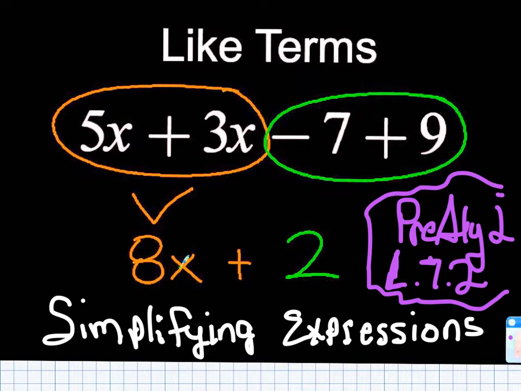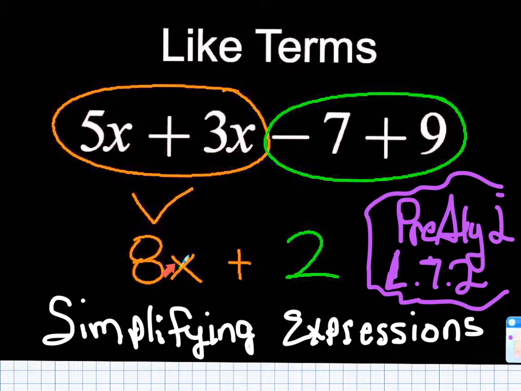This is lesson 7.2, Prealgebra 2, and we're going to talk about simplifying expressions, and the primary thing we're going to do is identify like terms and coefficients and constant terms. When you look at this chart or this picture here, you can see that the 5x and 8x are like terms.